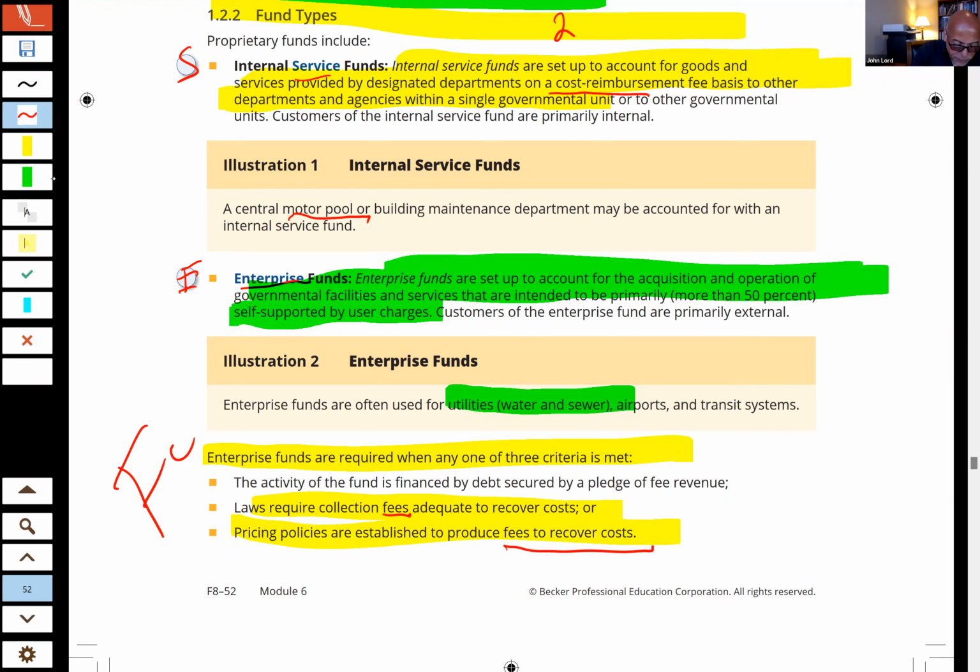And then the activity of the fund is financed by debt secured by a pledge of fees. Okay, so what's the key word there? Fees. You should flashcard the detail here, guys, but if they're telling you this thing is having its debt covered by fees, or law requires the collection of fees, or a pricing policy established so that they can recover fees, then that means that it is an enterprise fund. Okay, good.